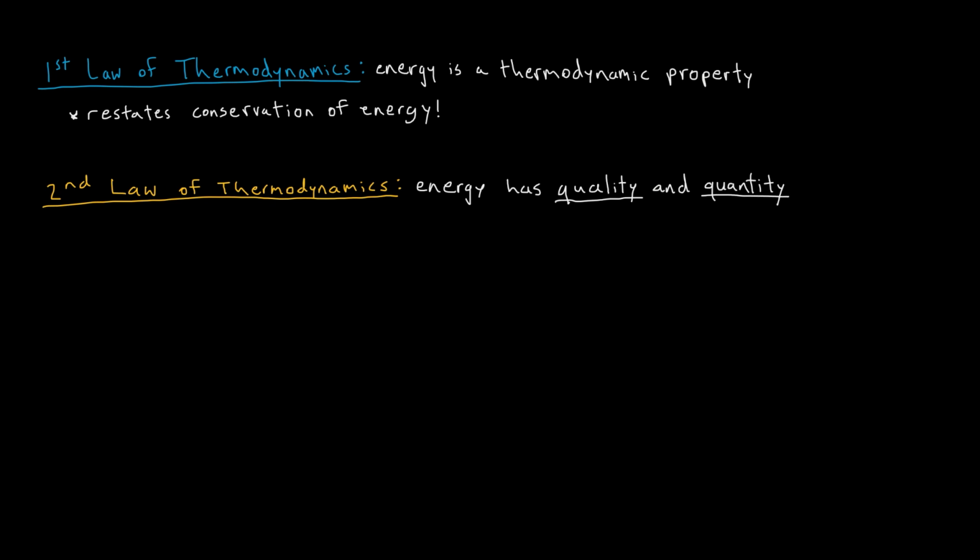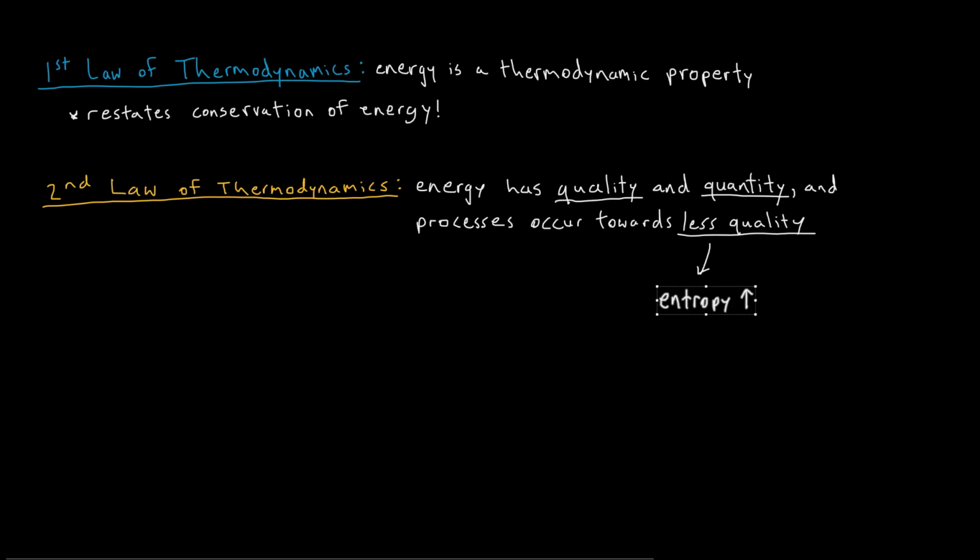It also states that processes occur towards less quality over time, which can be related to an increase in entropy, also known as disorder, where things become less useful. And as I like to point out, this law is basically to blame for things not being perfect in everyday life. But it's just something that we have to work with, especially as engineers.